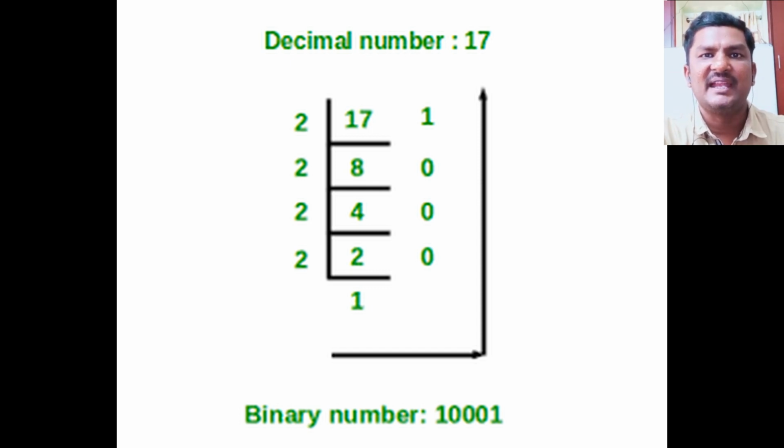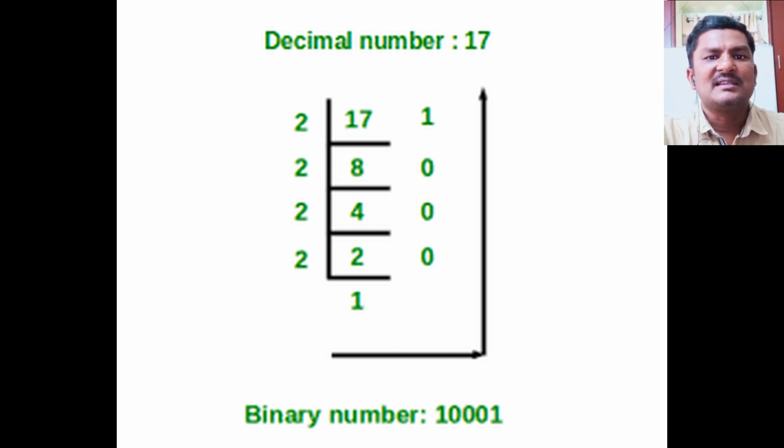Next, divide 8 by 2: 2 fours are 8, the remainder is 0. 2 twos are 4, the remainder is 0. 2 ones are 2, the remainder is 0.